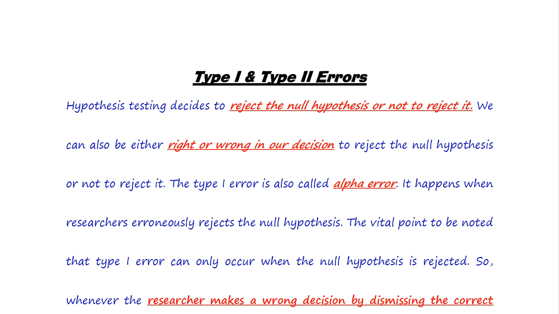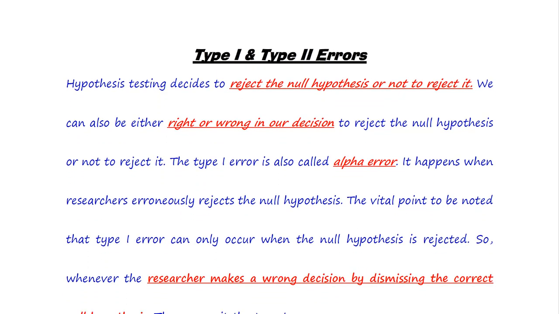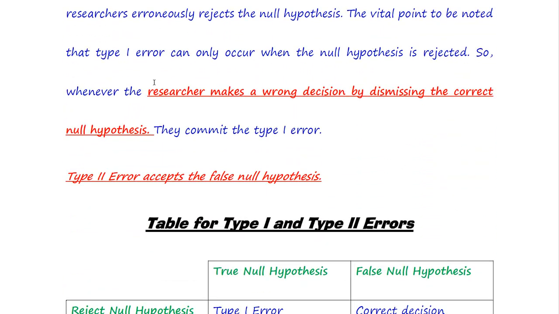So whenever the researcher makes a wrong decision by dismissing or by rejecting the correct null hypothesis, focus on this point, researchers make a wrong decision by rejecting the correct null hypothesis, they commit type first error.